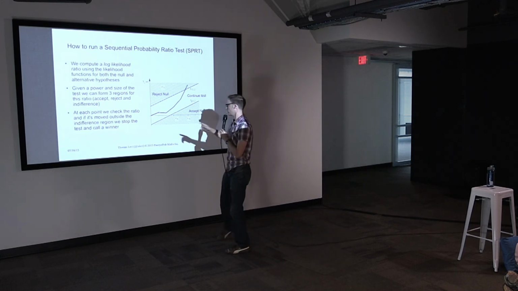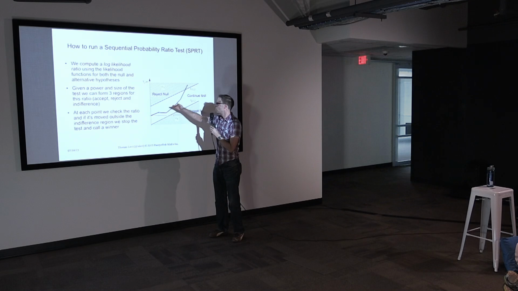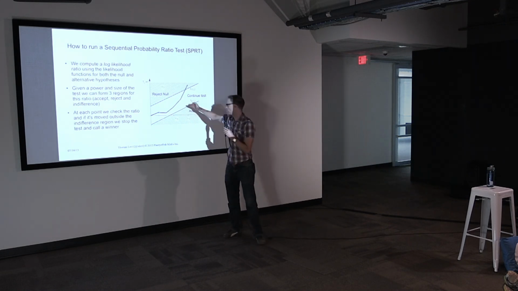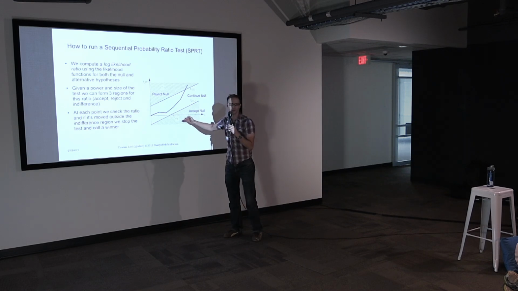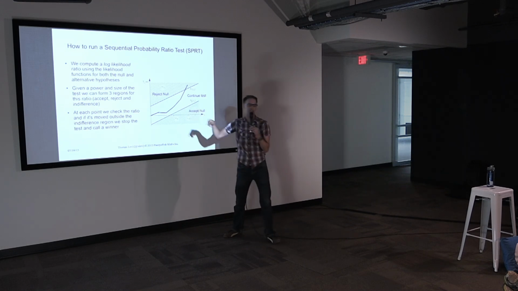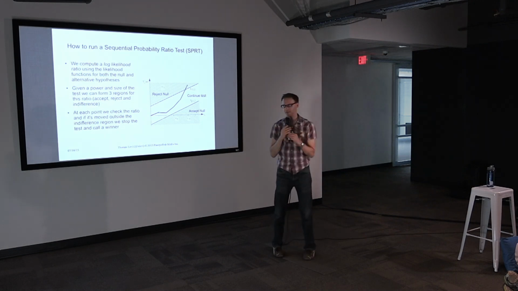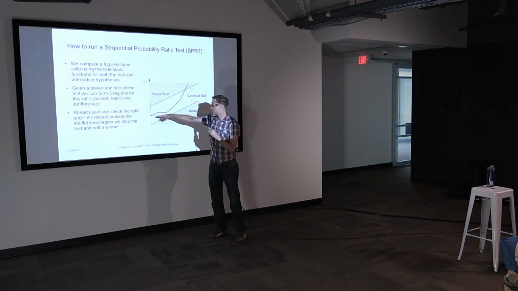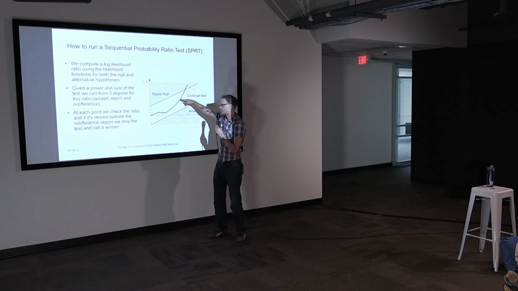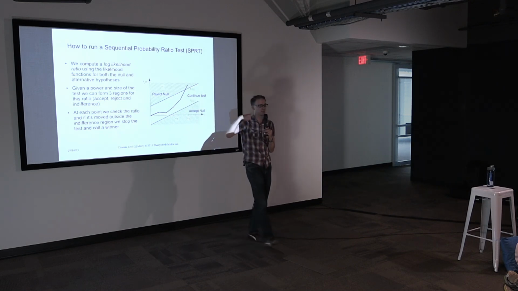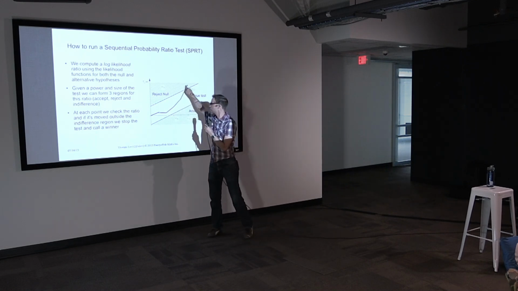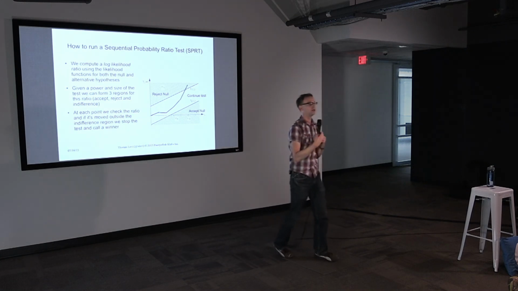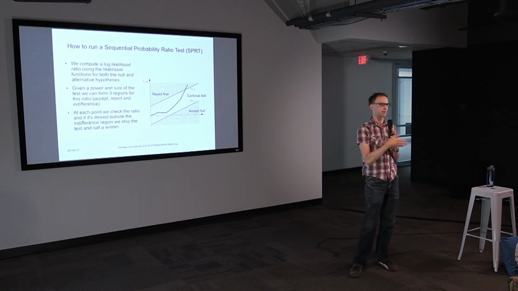And at the end of the day, what you get is a curve where above a certain line, it says call for the variant. Below a certain line, it says call for the control. And anything in the middle, it says you don't have enough data yet, right? You can actually watch this when you run the test. You'll see it wiggle along, and then at some point it has enough data and it goes up or down. These lines and regions are all computed based on your restrictions on the type 1 and type 2 errors.